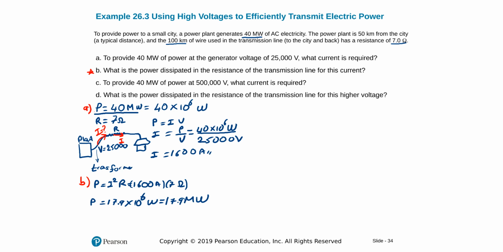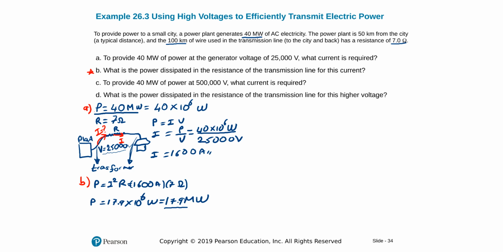And also when we give them to our homes, we have transformers to decrease the voltage down so we can use them for our devices. So if we use transformers to change the potential generated at the power plant to be 25,000 volts, we lose 17.9 megawatt of power that we generated, which was 40 megawatt. This is quite a bit of loss.